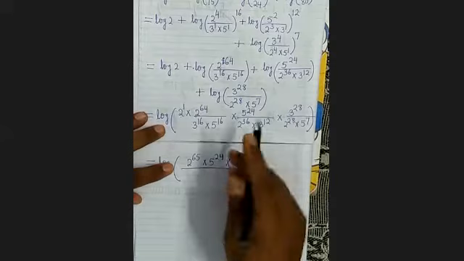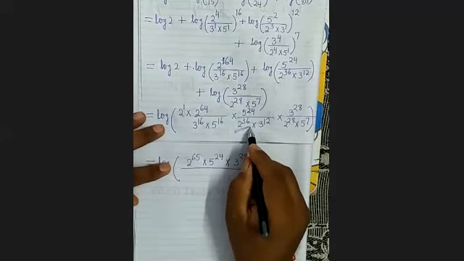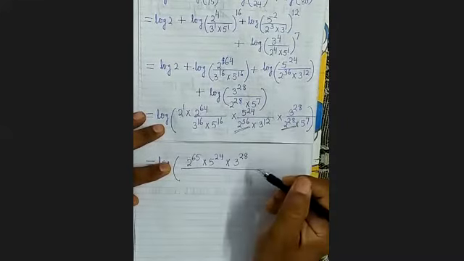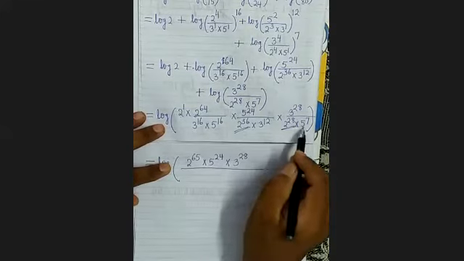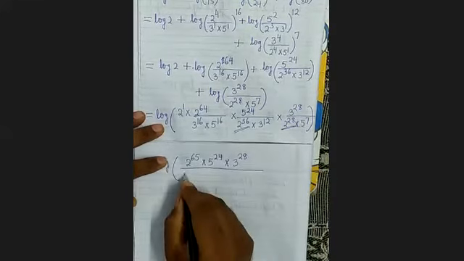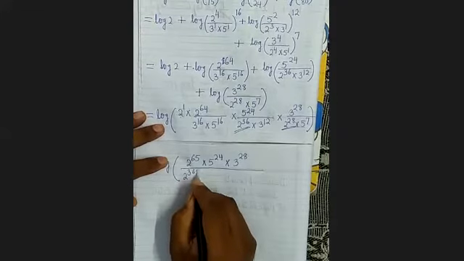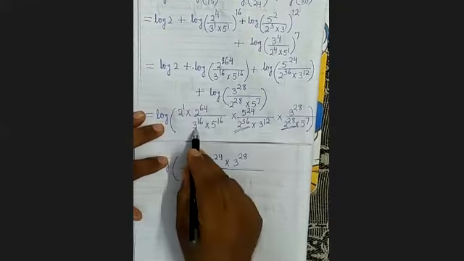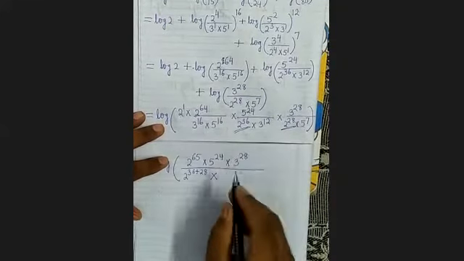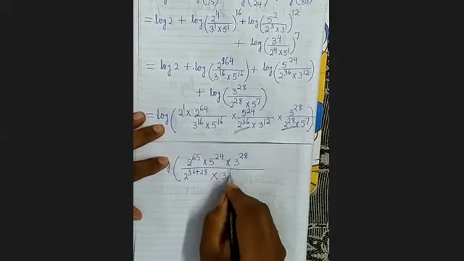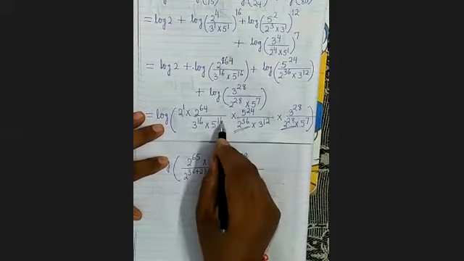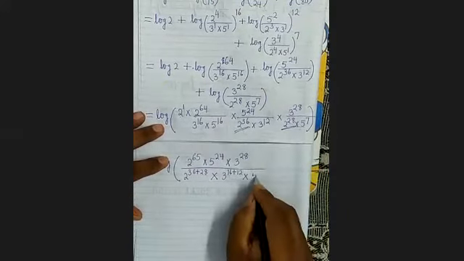Now you can see here, here 2 to the power how much is it? 36, and here it is 2 to the power 28, and all the terms are in the product, therefore the powers will be added. 36 plus 28, into 3 to the power 16, 3 to the power 12, into 5 to the power 16, 5 to the power 7.